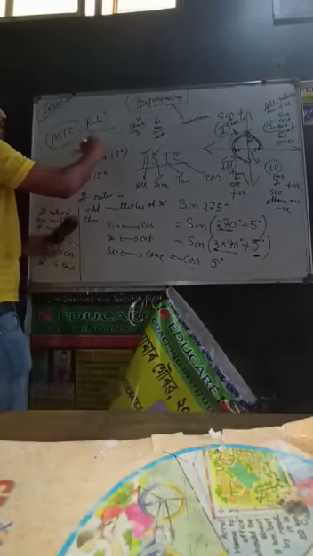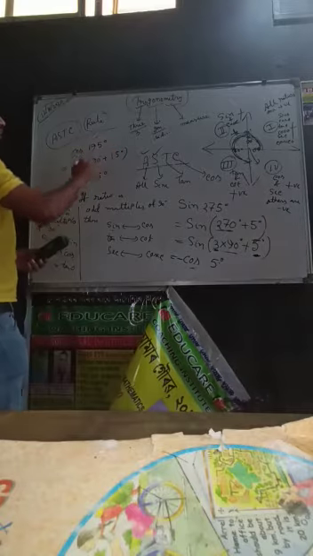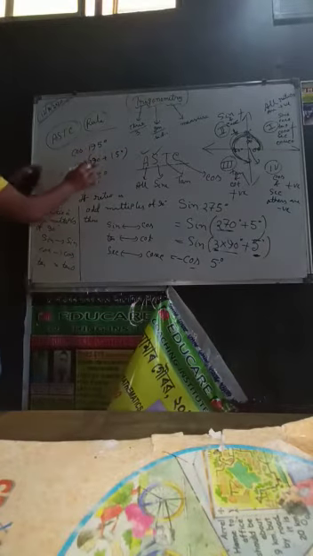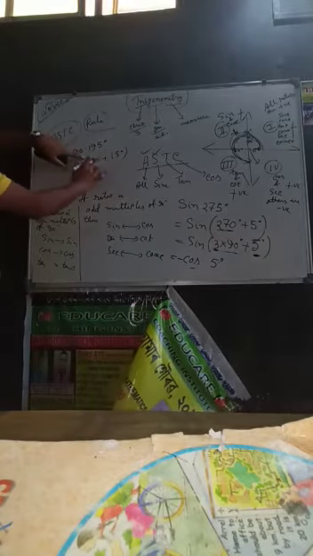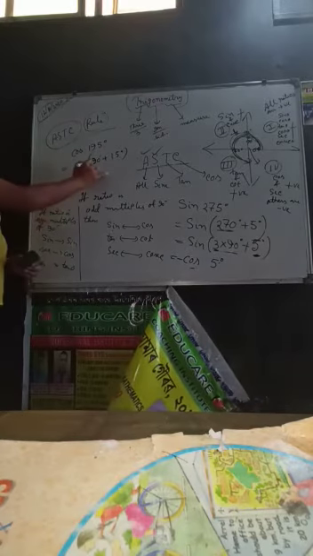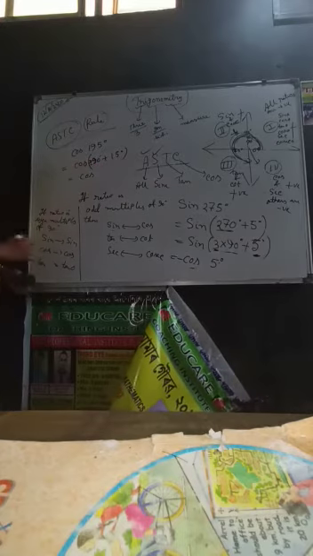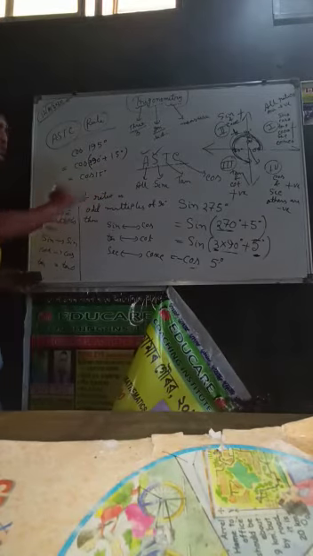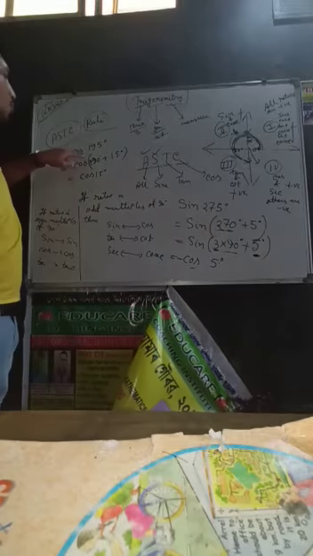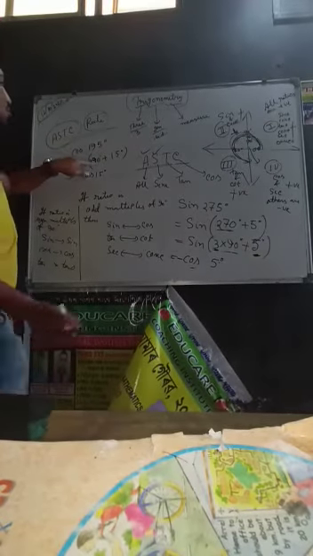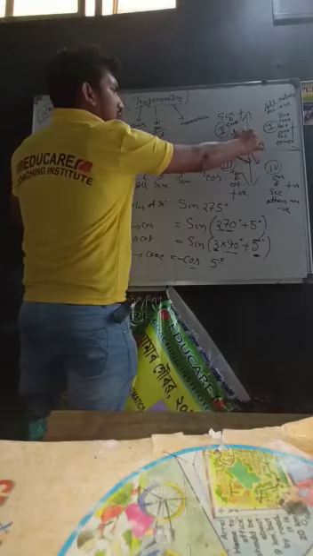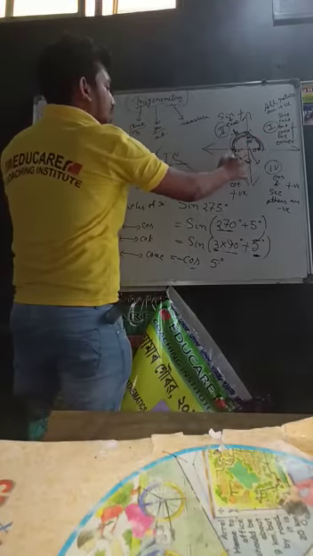But if it is 2 into 90 plus 15, that means 180 plus 15, then 195. Here an even multiple comes, even multiple 2. Cos will remain the same and 15 will be 15, but we have to see what the sign is. Cos 2 into 90 plus 15 lies in the third quadrant.